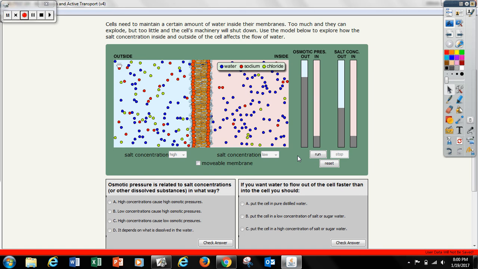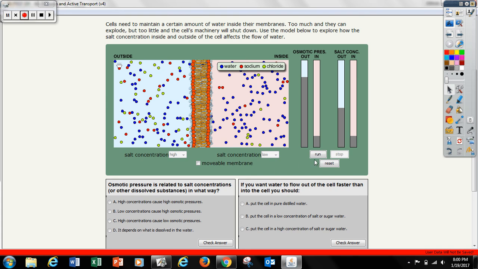Here we're looking at the movement of the water based on the concentration of salt. So the water is moving from a low concentration of salt to a high concentration of salt because it's trying to make this high concentration more dilute.